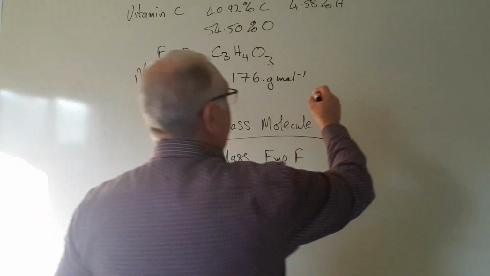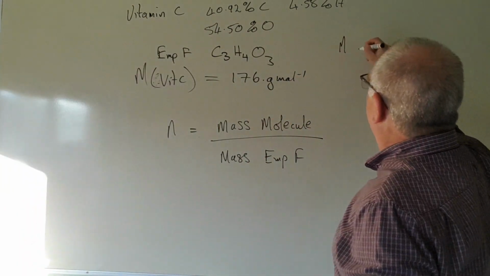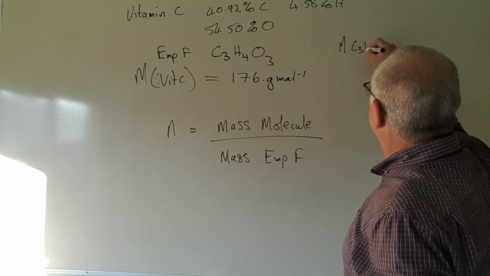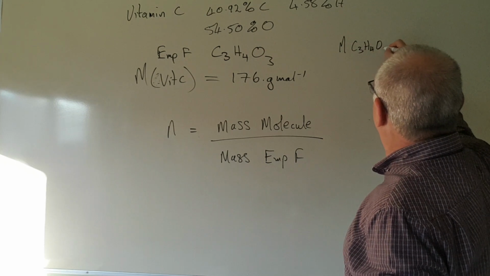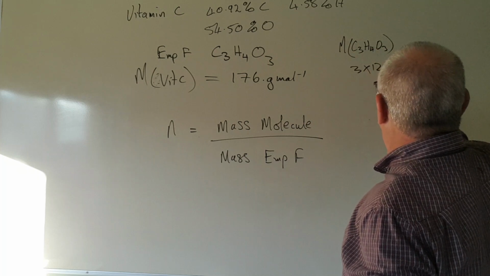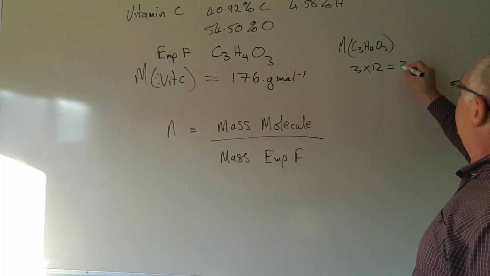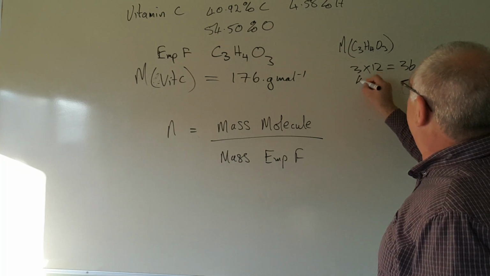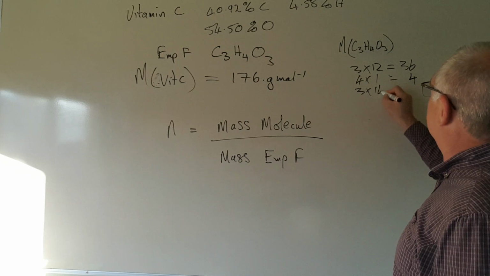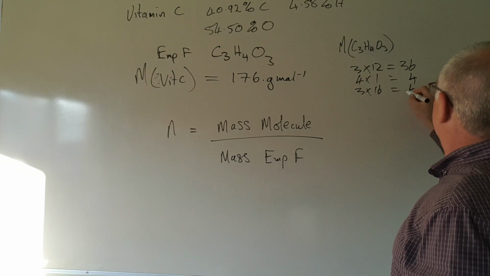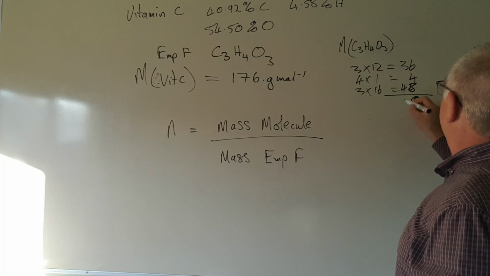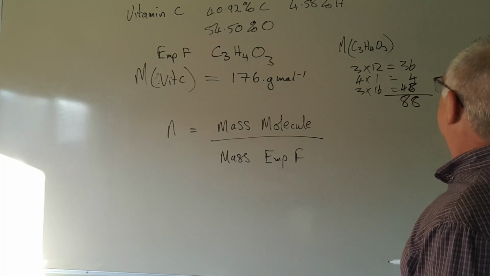If we were to work out the mass of the empirical formula, we would have 3 12s from the carbon, which is 36. We would have 4 1s from the hydrogen, which is 4, and we would have 3 16s, which is 48. If we add that up, we get 88.